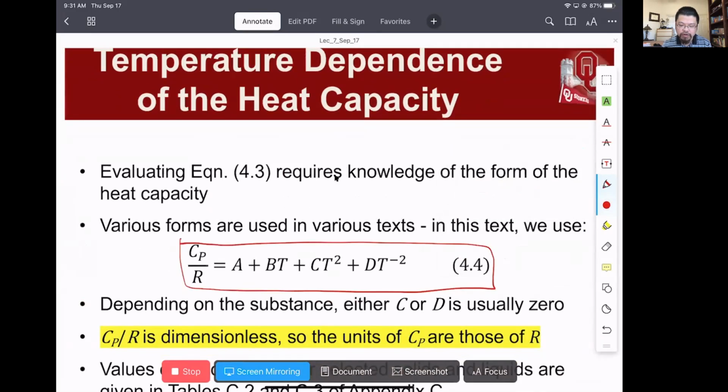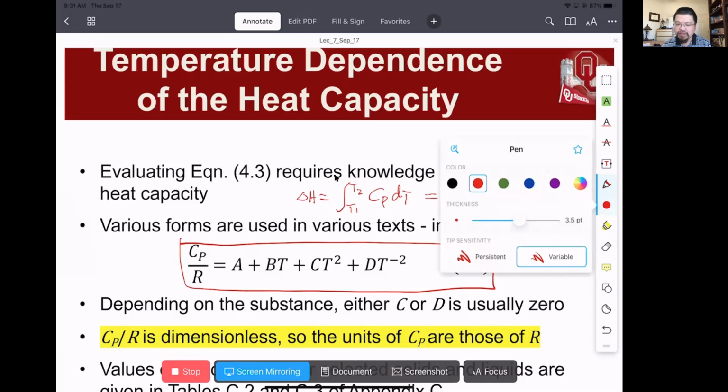So from T1 to T2, Cp for the delta H calculation, dT. For the simplified cases, we can treat this as a constant. So we treat this as a constant, then we simply multiply it by T2 minus T1.